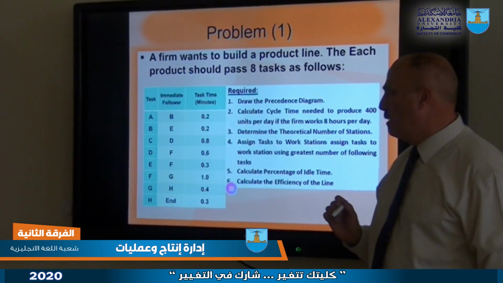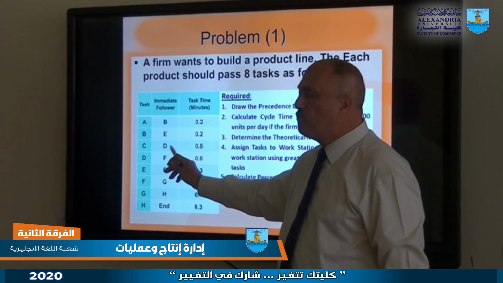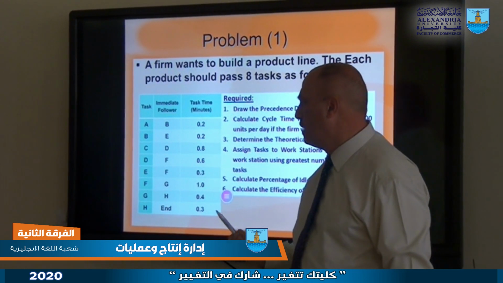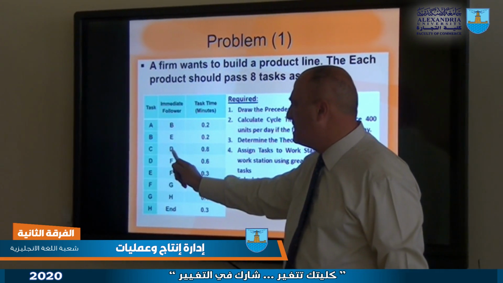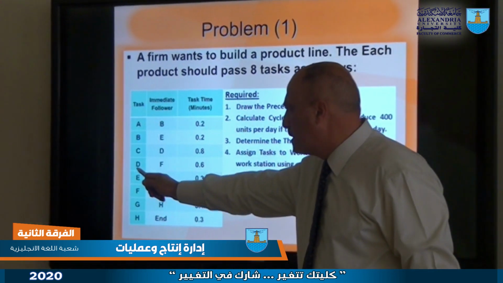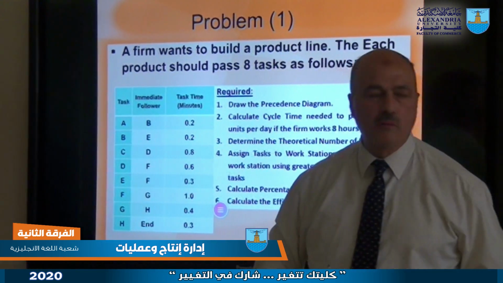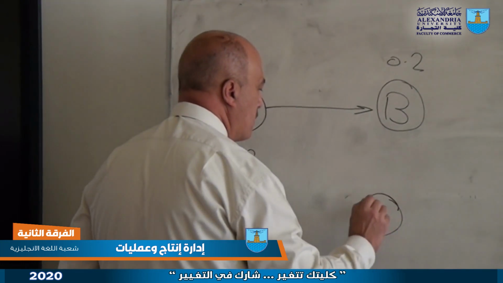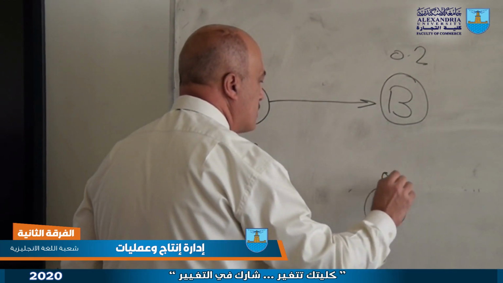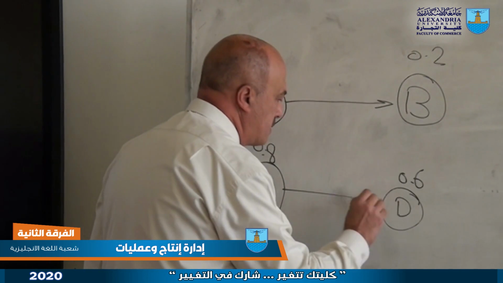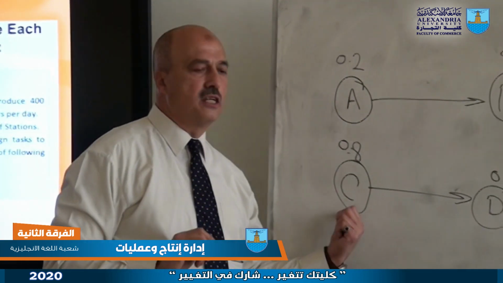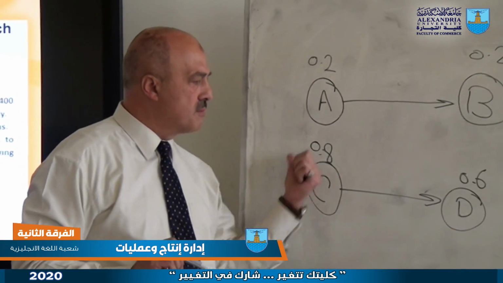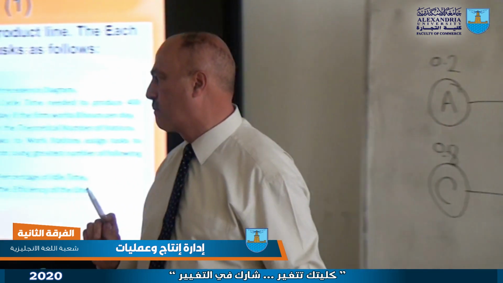Okay? So D followed C, so we have to put D after C. D needs 0.6 minutes to be performed. So D after C. The flow goes from C to D.